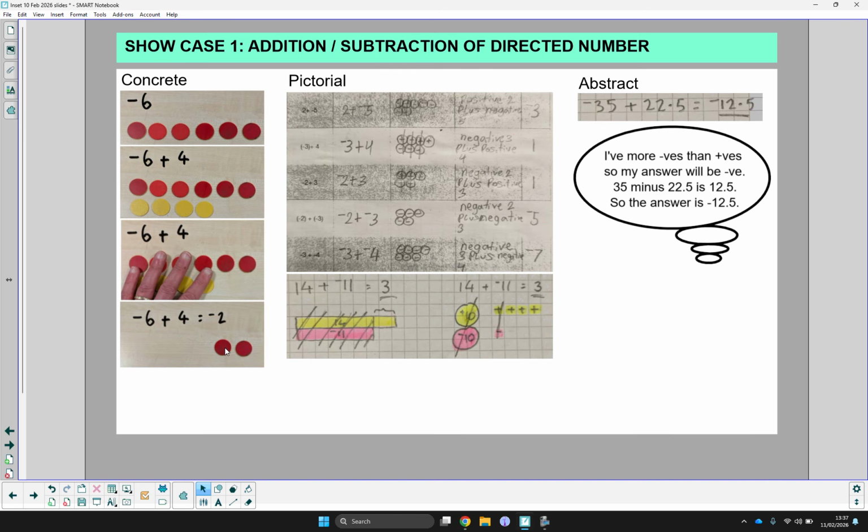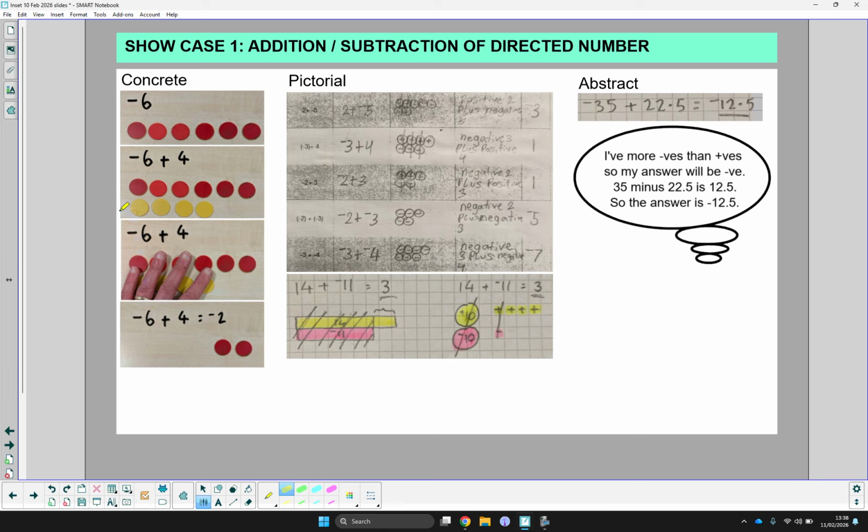And we would build up our understanding by working with problems like we've got on the left there. Here the pupils have been asked on the left-hand side to do -6 + 4. And the way we do addition is we physically build the problem. So the top box here, I have built -6 with 6 red counters.